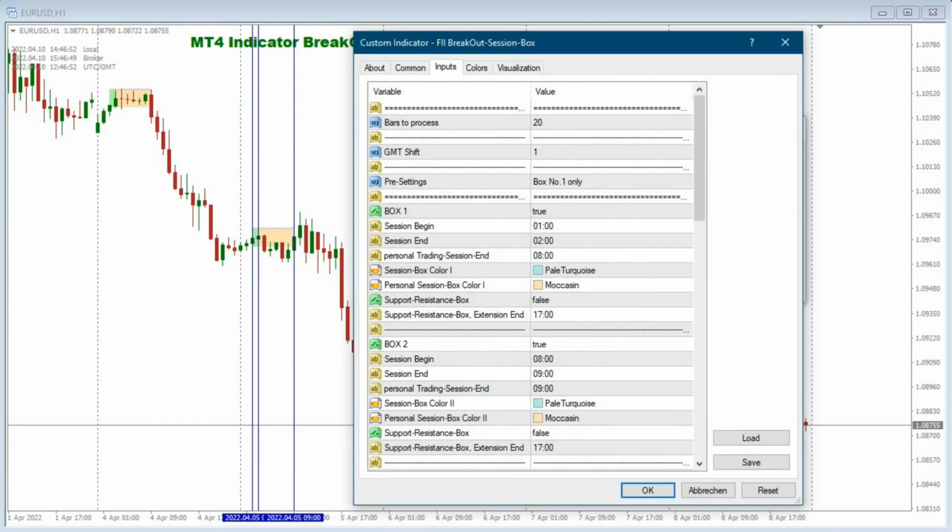Only one box, only the first box is activated, all other boxes are deactivated in the settings. But all settings in the first box can still be changed. Here as an example.